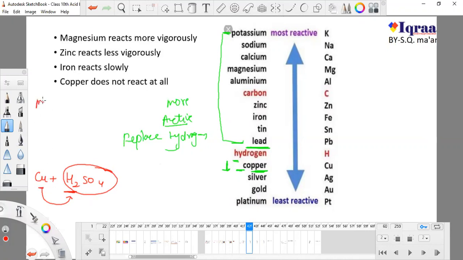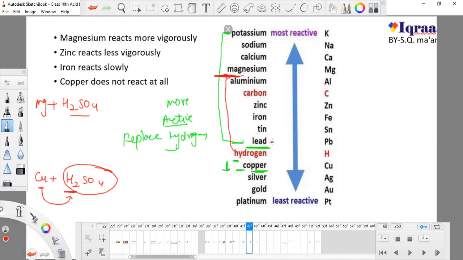But if there is magnesium and H2SO4, we know that magnesium stays at a very higher rank, and if someone is at a higher rank, it is more reactive. So magnesium is much more reactive than hydrogen.